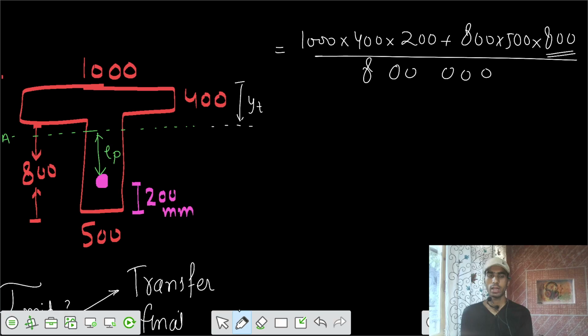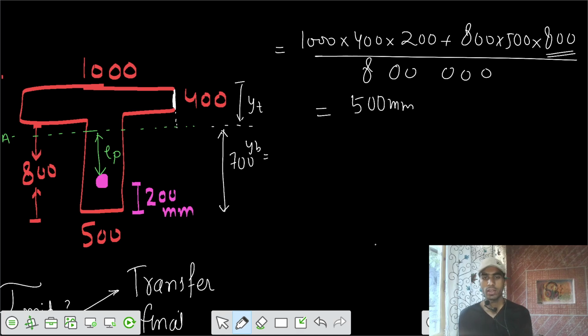Your value of y top comes to 500 millimeters. So y top is 500 millimeters. That means if this is 400 and this is 100, then y bottom is 800 minus 100, that is 700. So y bottom is 700.